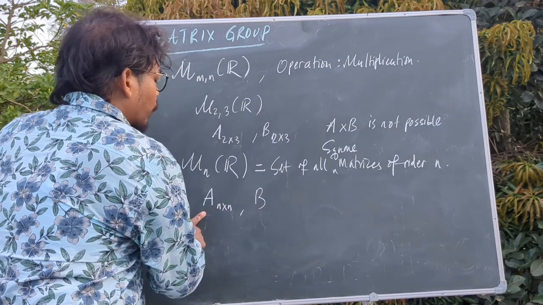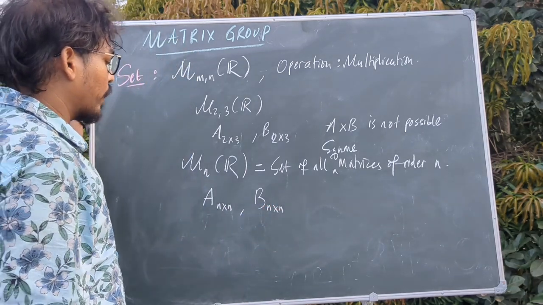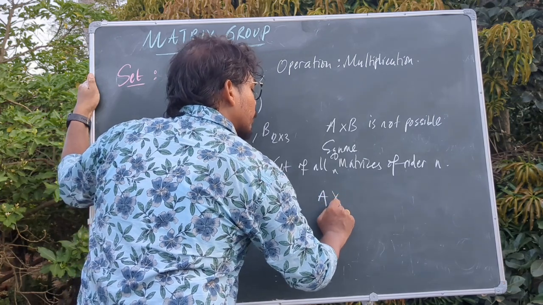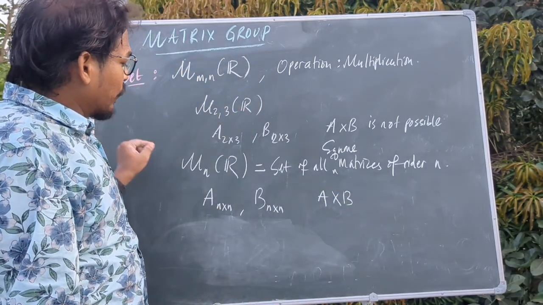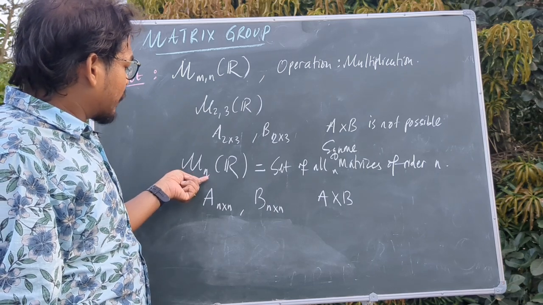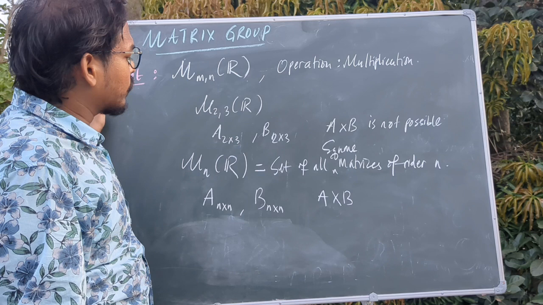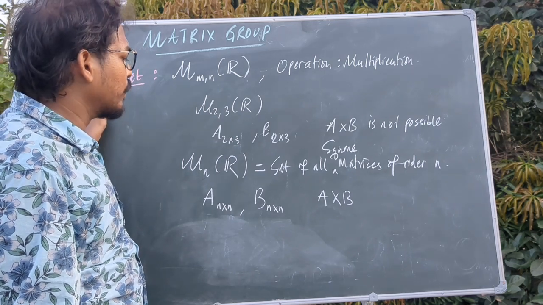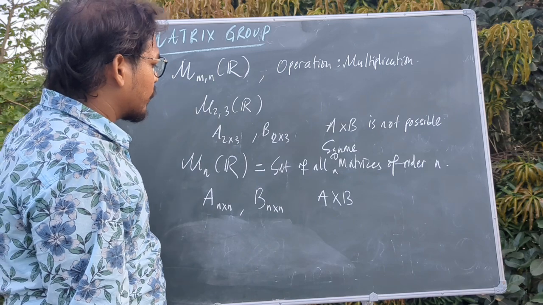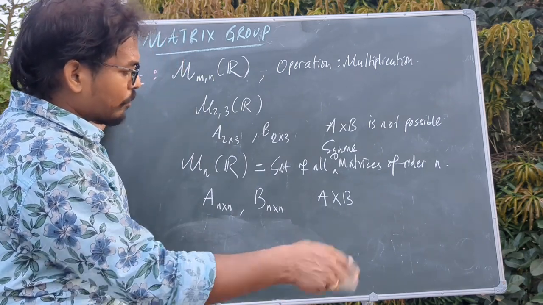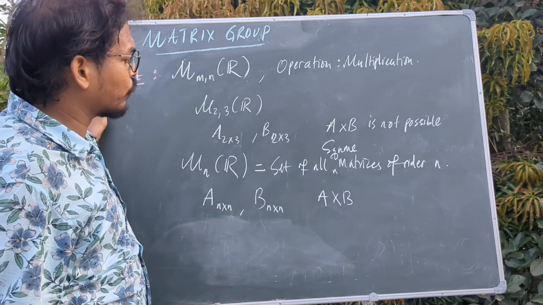Suppose A is a square matrix of order n and B is a square matrix of order n. Now we can multiply A and B. So all square matrices of order n under matrix multiplication satisfy the closure property, because matrix multiplication is possible, and the product also has order n, and that is also a square matrix.